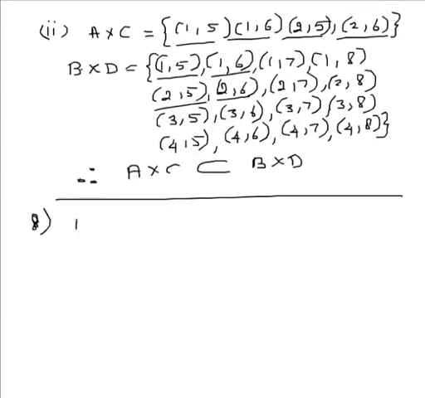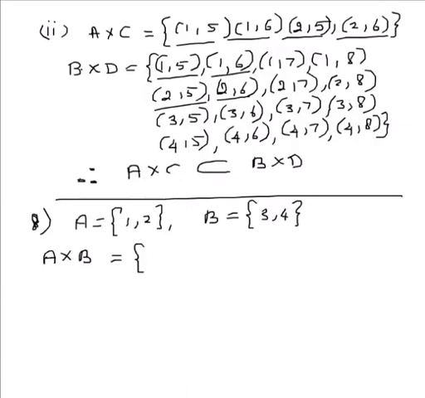Question 8. Let set A be {1, 2} and set B be {3, 4}. Write the Cartesian product of A and B, which has 2 2s are 4 elements: (1,3), (1,4), (2,3) and (2,4). How many subsets will A cross B have?